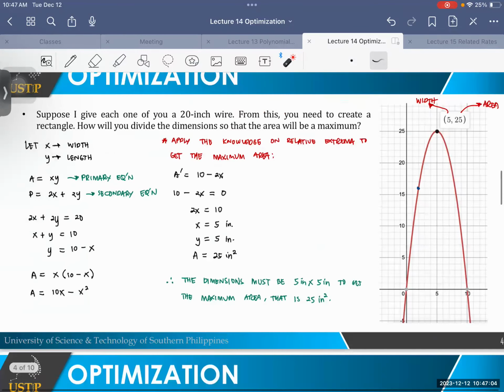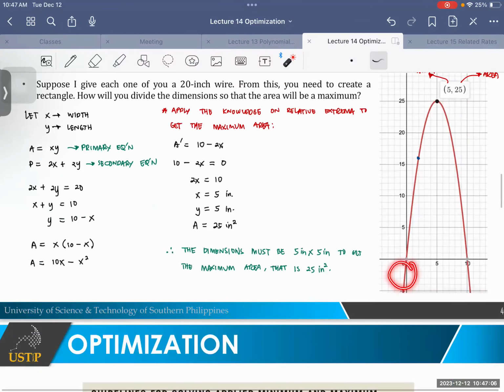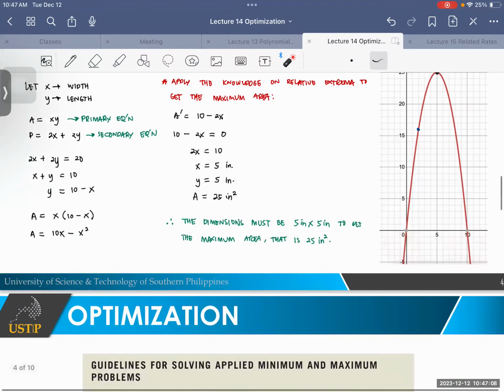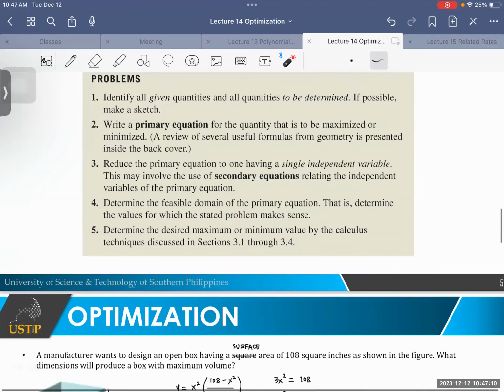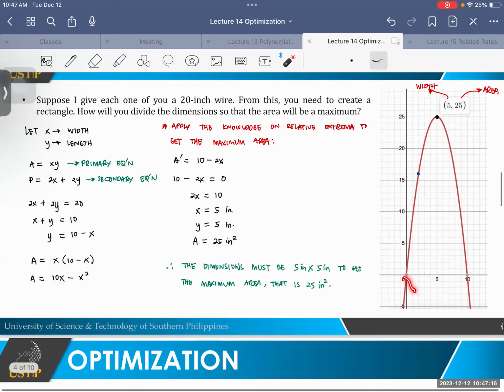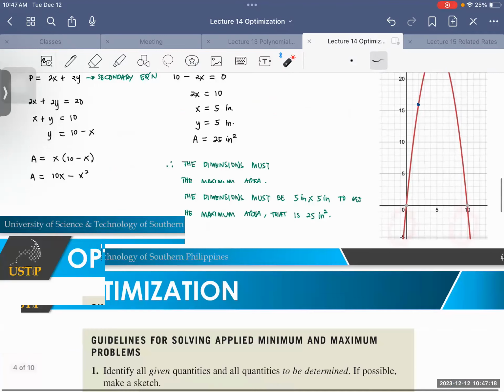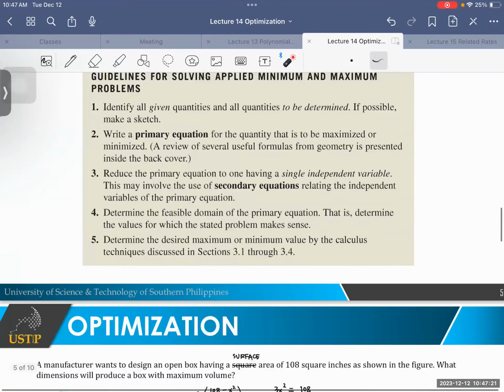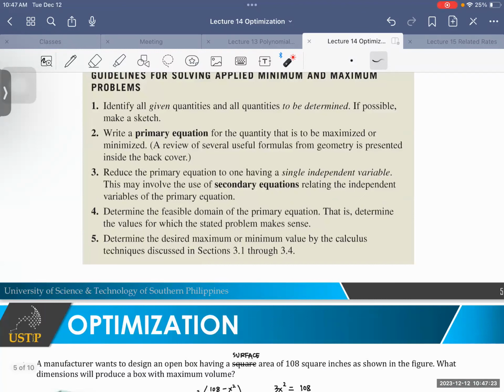Diba? And pag graph nimo dira, again, katong emphasis ganyan, na mga negative values, di na may consider. Okay? Nag-emphasize siya dira nga, determine the values for which the stated problem makes sense. Di na mag-make sense yung mga negative values dira, no? Because there's no negative measurement. Okay? Later, ato na makita. And then, determine the desired maximum or minimum value by the calculus techniques nga atong gi-discuss.